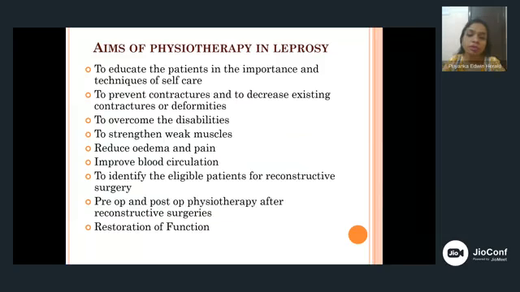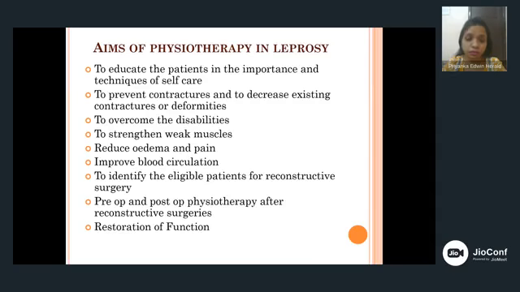Now, these are the aims of physiotherapy. As physiotherapists, what main aims do we have and what treatment procedures do we give for leprosy? First and foremost aim is to educate the patient in the importance and technique of self-care. Self-care is very important. I'll be sharing a few more slides about it.